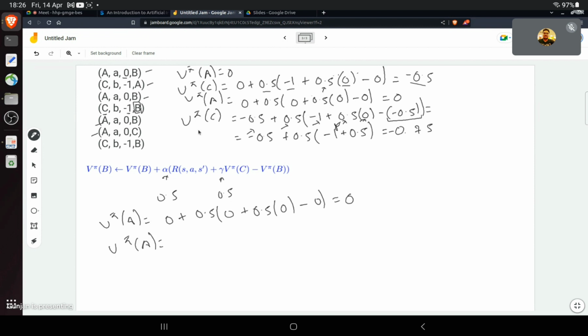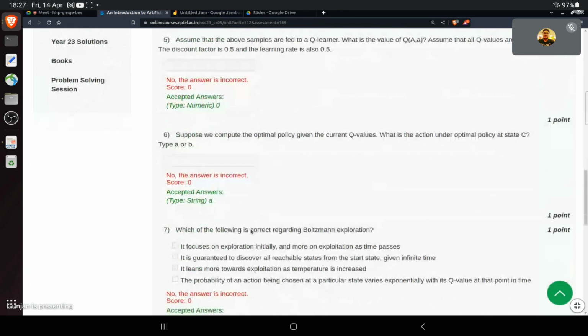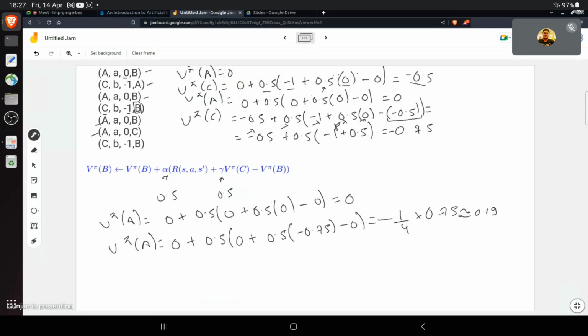So v pi of a will be 0 plus 0.5 times the reward 0 plus gamma, which is 0.5, times minus 0.75, which is v pi of c, right? And minus 0. So this is basically 1/4 times minus 0.75, which is approximately minus 0.19, and that is your answer, minus 0.19. Was the calculation clear? Yes. Okay.